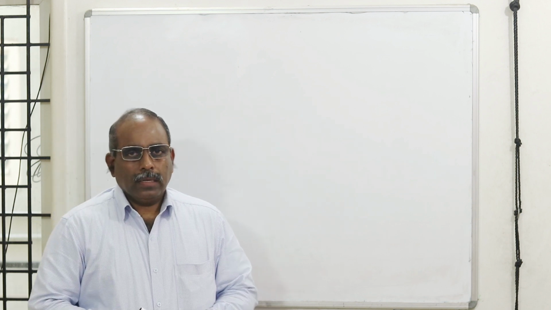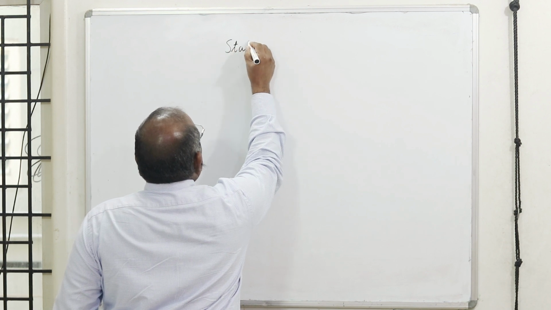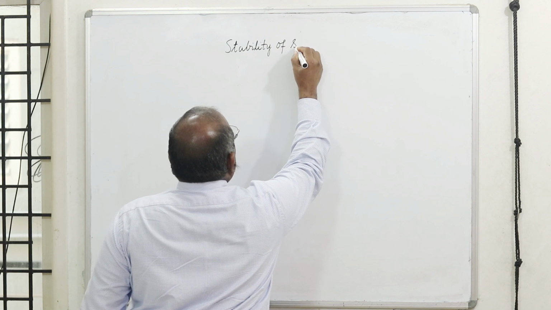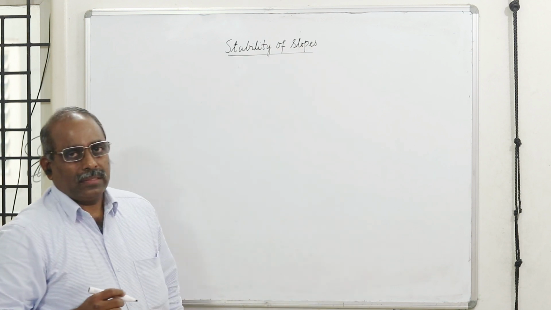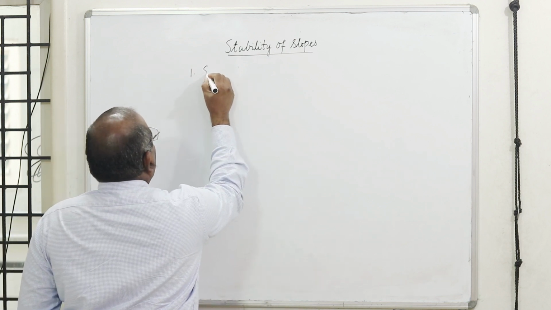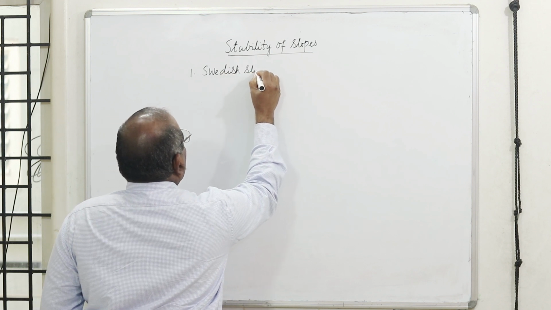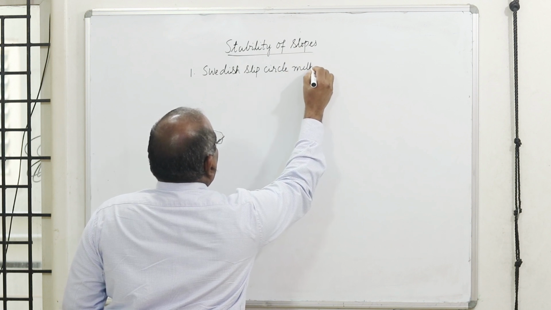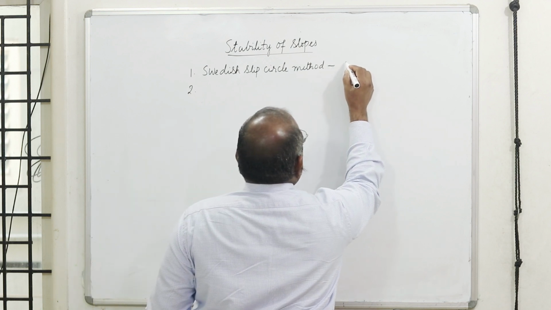Students will continue the slope stability. In the previous classes we were discussing the different methods. We completed the Swedish slip circle method, which is for a purely cohesive soil.